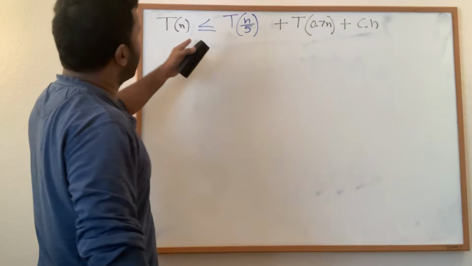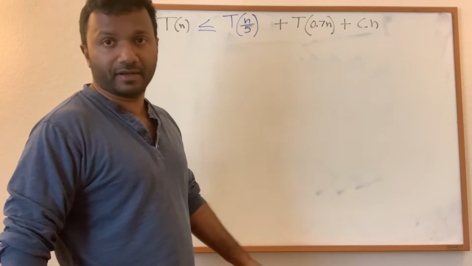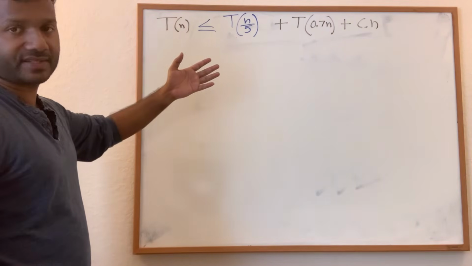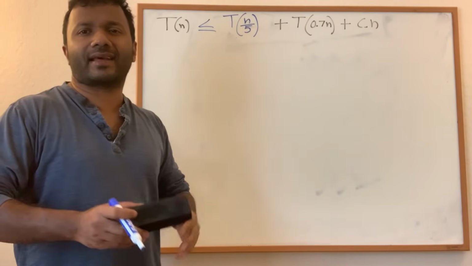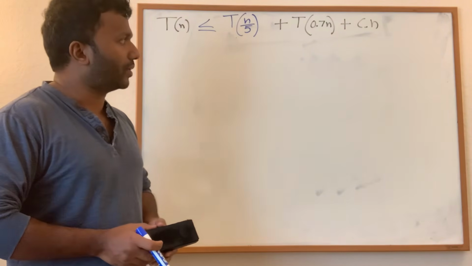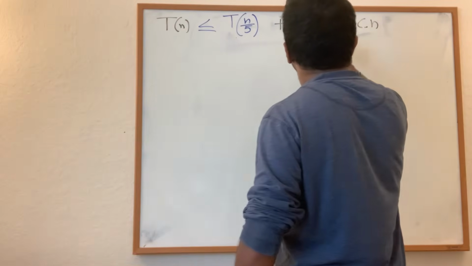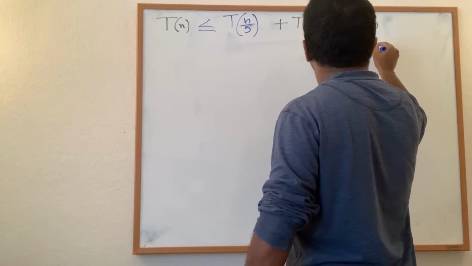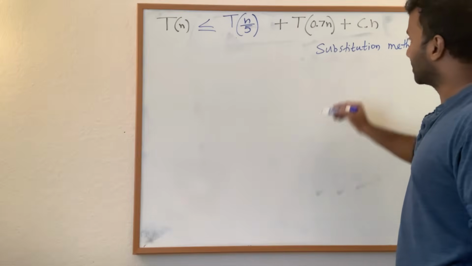Okay, so now we are here. I just need to prove that this recursion is equal to big O of n. Normally when you have recursions like this with different terms on the right side, a direct expansion might become too messy. So we typically use another method called the substitution method for solving recursion.